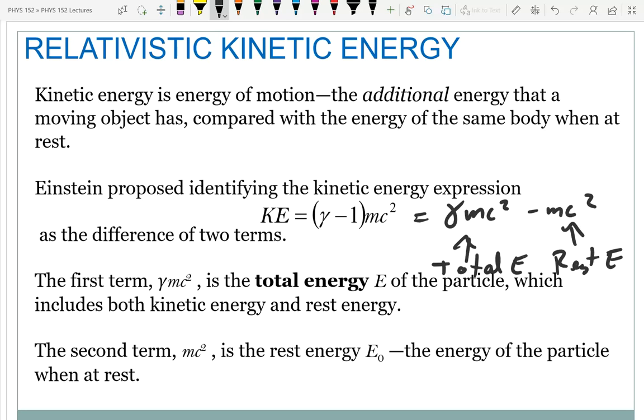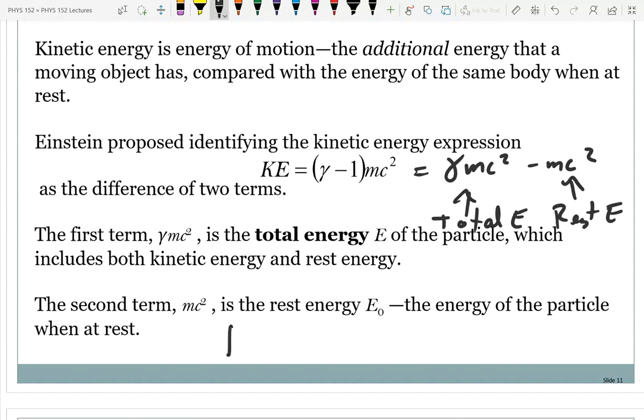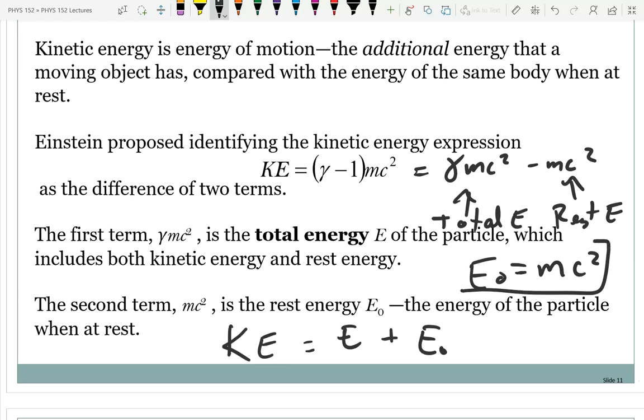And so by Einstein's idea, we define this as saying kinetic energy is equal to energy total plus rest energy. We put a 0 there for the rest energy. And so that leads us back to the equation that we've already used, that the rest energy is mass times speed of light squared. Total energy is gamma mc squared. This actually looks kind of simple.